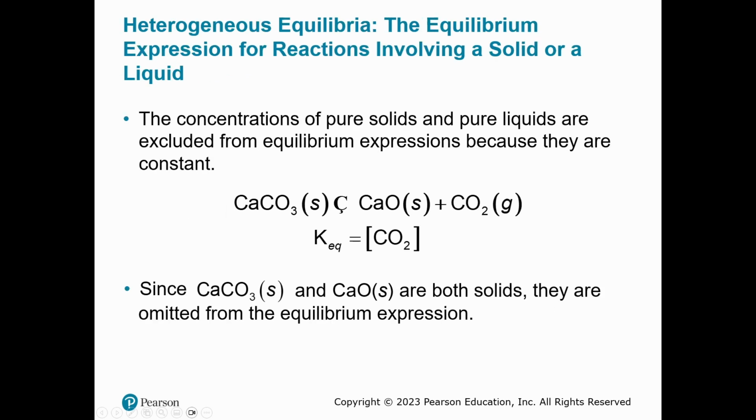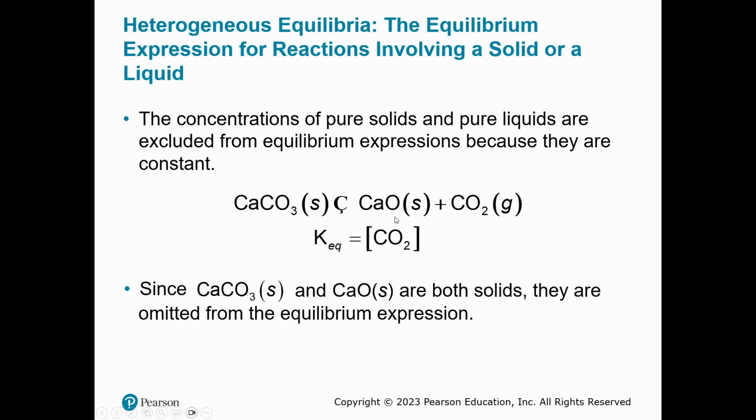Now let's get into our first exception to the general case. Whenever we have a pure solid or a pure liquid in a mixture, since these are pure components, we can't really consider the concentration of these species. So we set the concentration directly equal to 1. Since calcium carbonate and calcium oxide are solids, these are not dissolved.